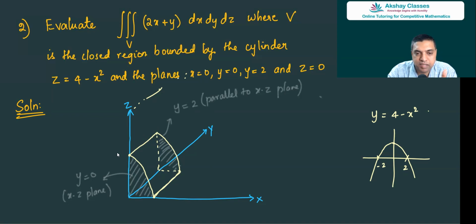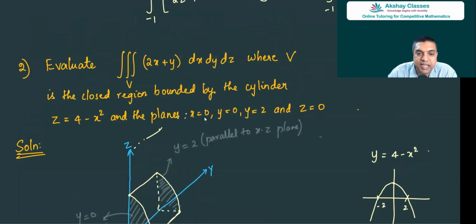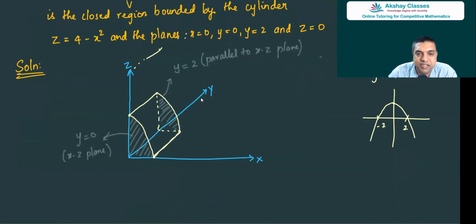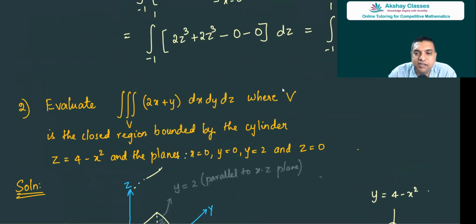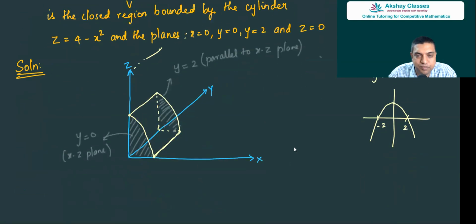So it is a cylinder cut by y equal to 0 and y equal to 2 planes like this. And then it is also bounded by x equal to 0, that means the yz plane. And z equal to 0.